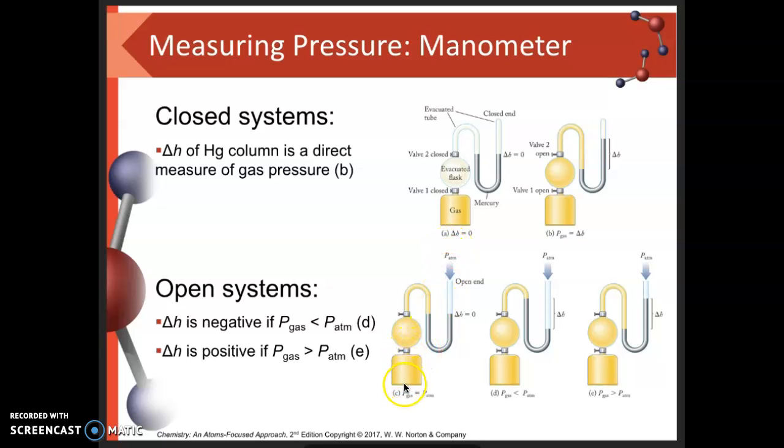So if we've opened it up to the gas and the atmospheric pressure and it's all even, then we know that the pressure inside of the tank is equal to the pressure of the atmosphere. And that's actually probably not a very good thing at all if we're dealing with a gas tank, because that means that the gas tank, for all intents and purposes, is done giving us gas.